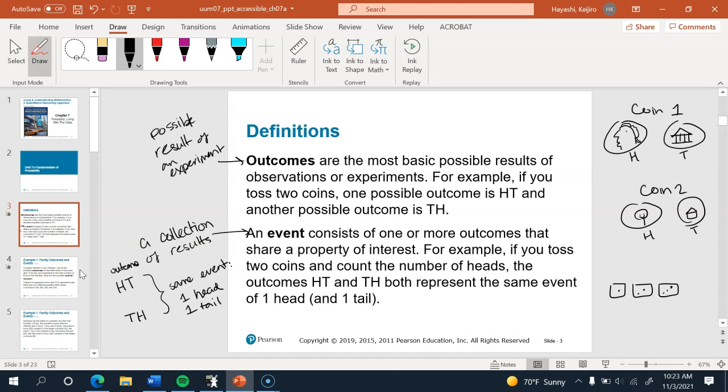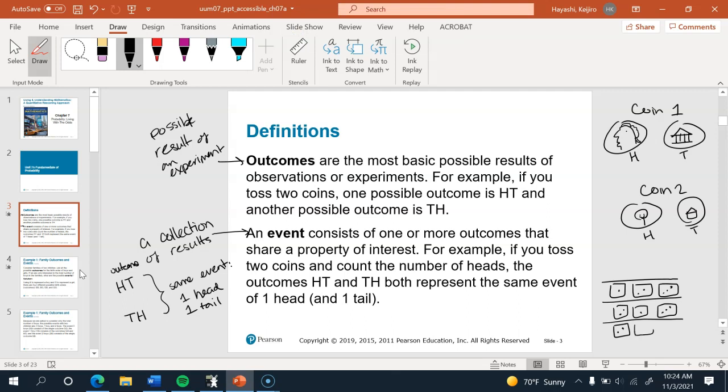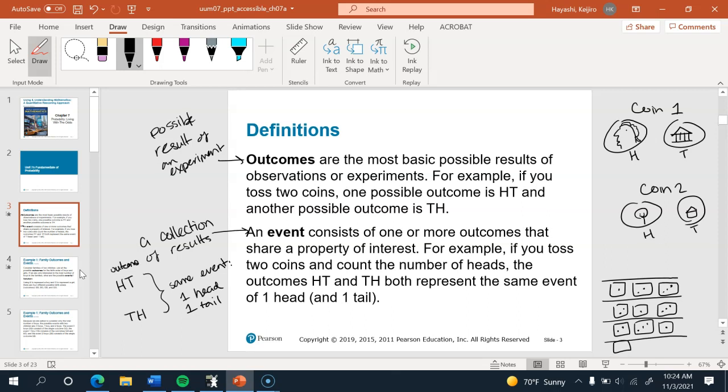But if you were talking about the event, getting a 1, getting a 2, and getting a 3, in no particular order, you would also include getting a 2, a 1, and a 3, getting a 2, 3, and a 1, getting a 1, a 3, and a 2.